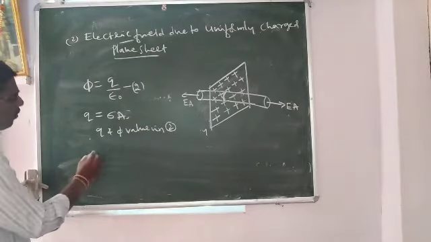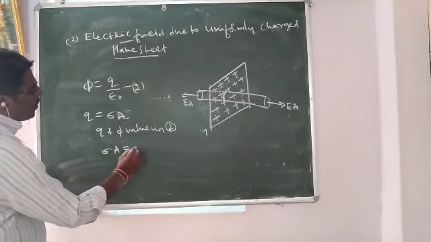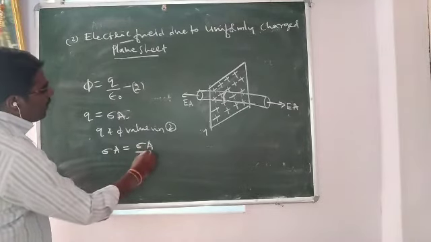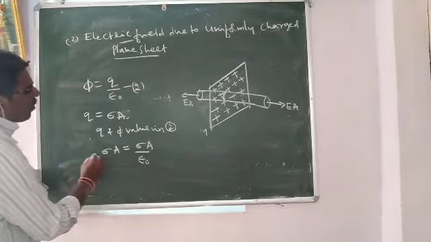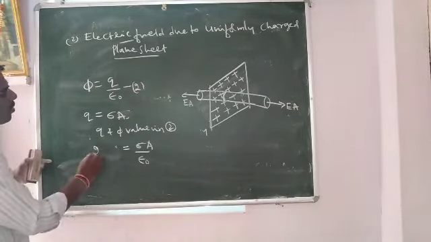Flux is equal to 2EA, equal to sigma A divided by epsilon naught.